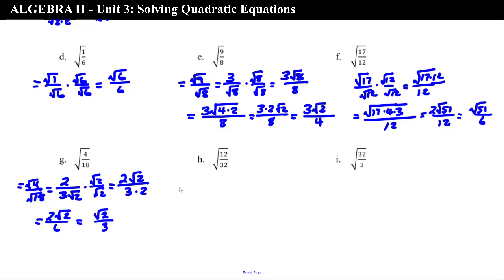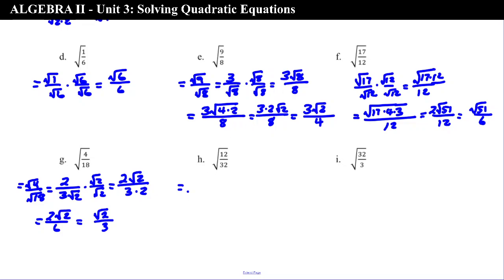For H, we have the square root of 12 over the square root of 32. Honestly, before we even do that, can we reduce this fraction before we do anything? Well, we know that 4 will go into both of these.